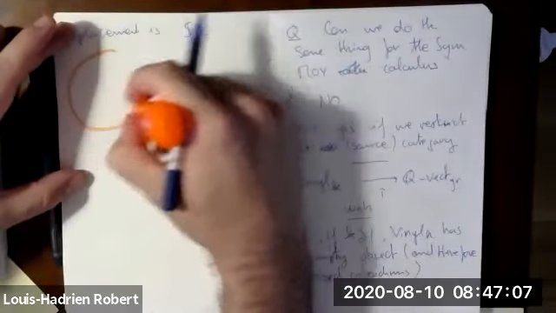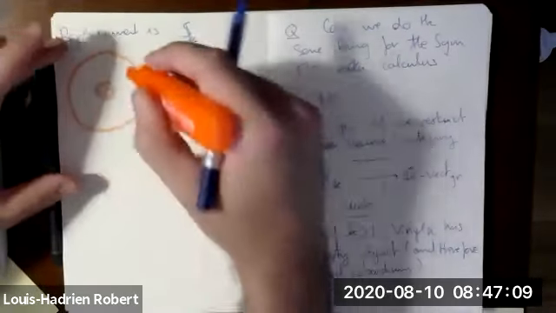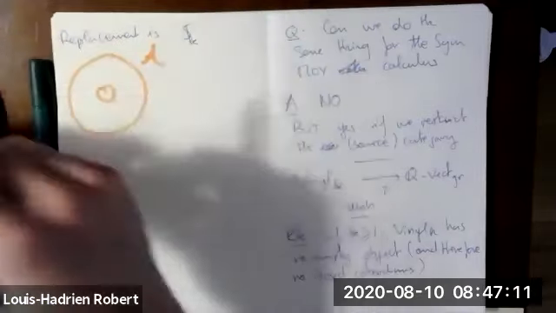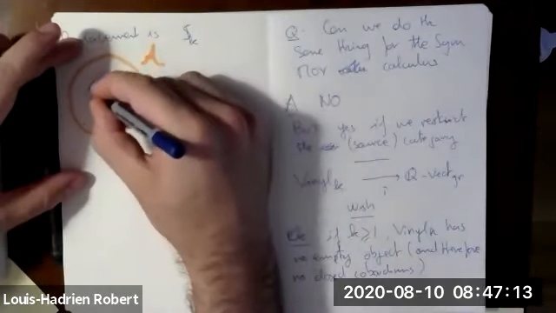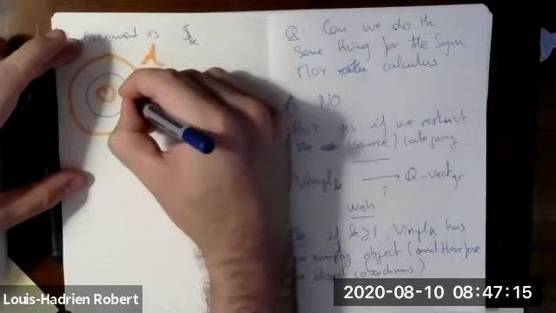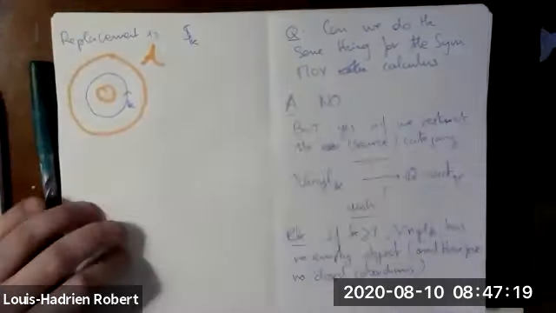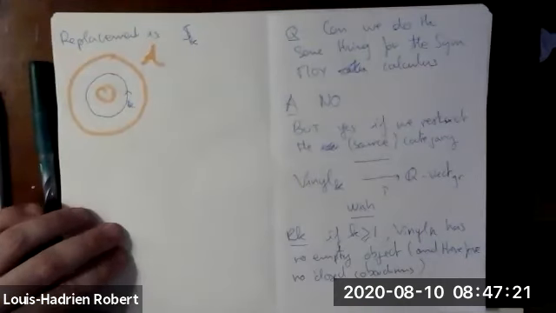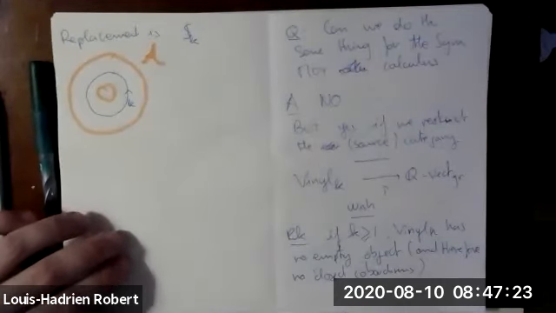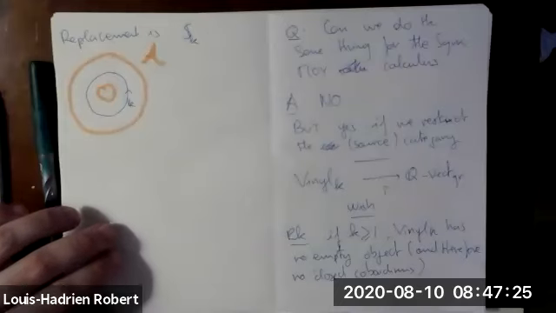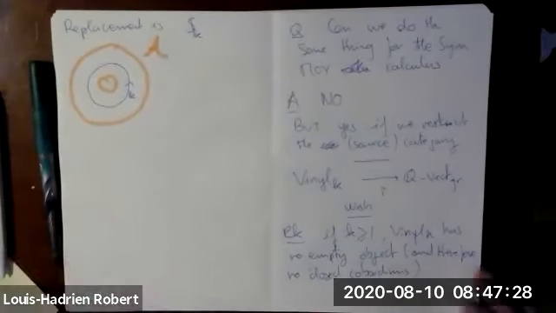I have my annulus here, this would be A. And my S_K is just a simple circle with label K. Somehow it's the simplest object in this category Vinyl_K.